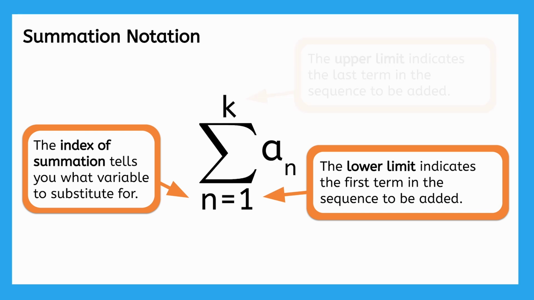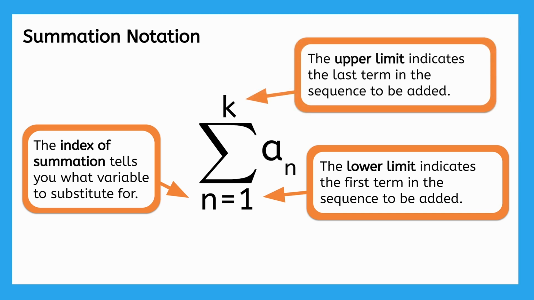The upper limit above the sigma symbol indicates the last term in the sequence to be added, so that we know when to stop adding terms. With all of these pieces in place, we have all the information we need to sum up terms from any sequence.